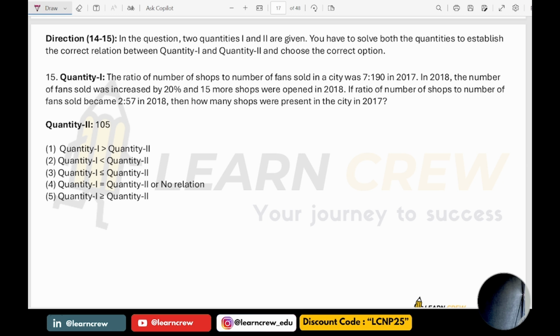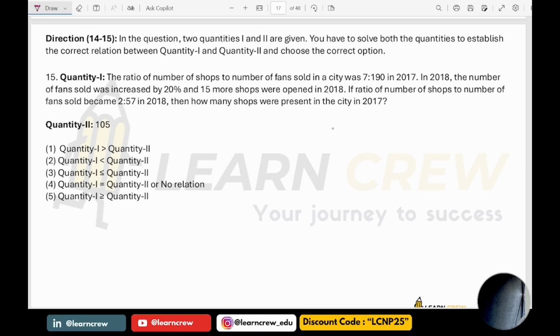If the ratio of number of shops to number of fans becomes 2:57 in 2018, then how many shops were present in the year 2017? So the number of shops and number of fans sold in 2017 were in the ratio 7:190. So what you can say now, one is 7x, the other is 190x.